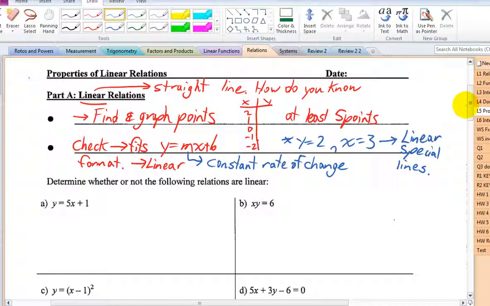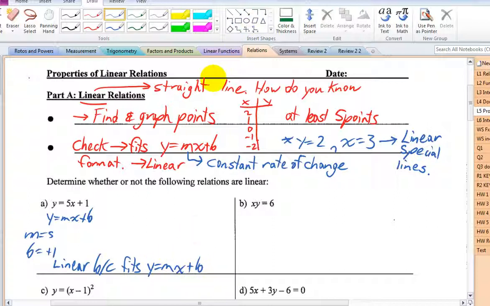Y equals 5x plus 1. Is that linear? Well, y equals mx plus b. This would be m equals 5, b equals plus 1. So yeah, it's linear, because it fits y equals mx plus b.